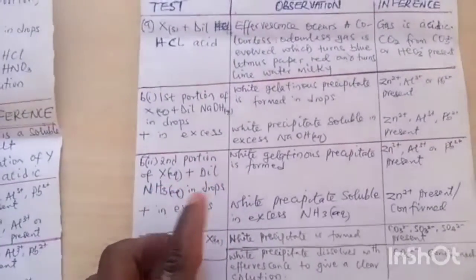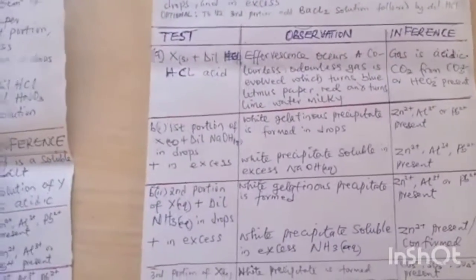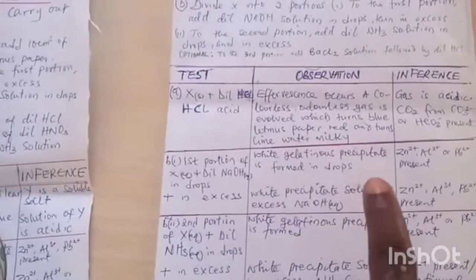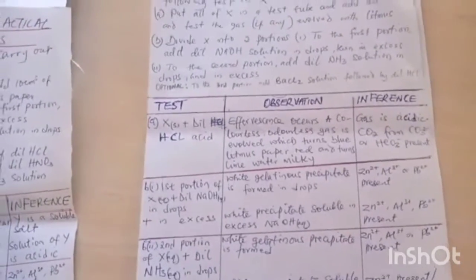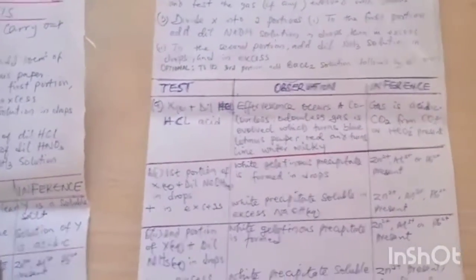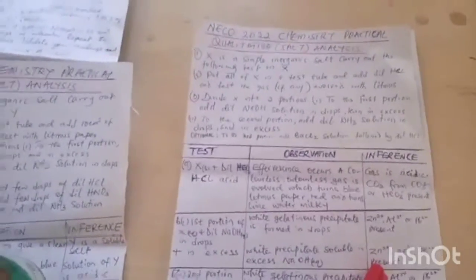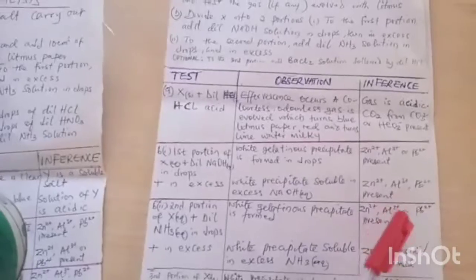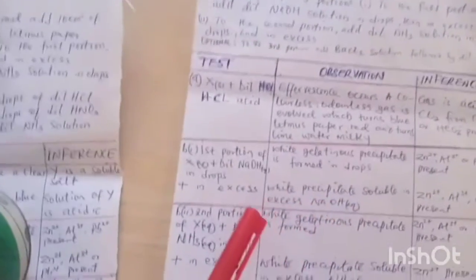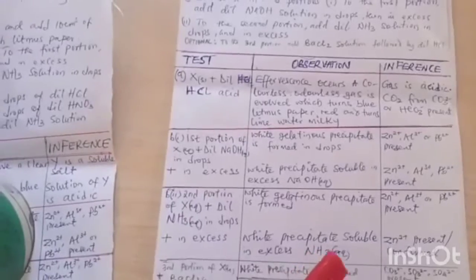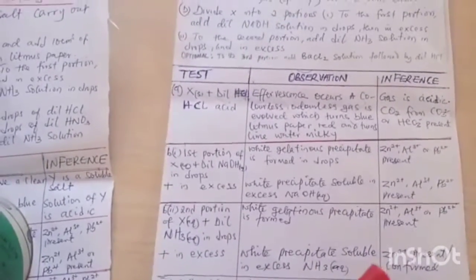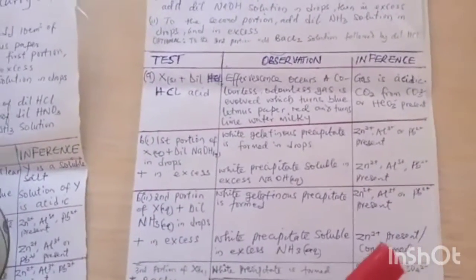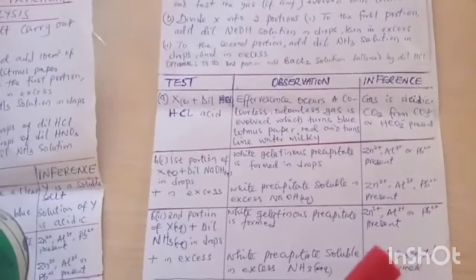BII, second portion of X aqueous plus dilute ammonia solution in drops, and the observation is that white gelatinous precipitate is formed, and then the inference is that zinc ion, aluminum ion or lead(II) ion present, and then plus dilute ammonia solution in excess, white precipitate dissolves or is soluble in excess ammonia solution, and then the inference will be that zinc ion is present or is confirmed.